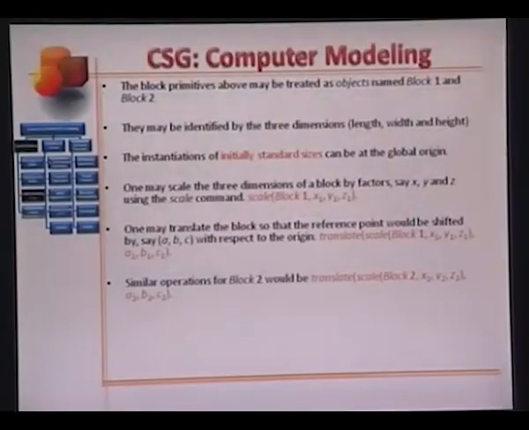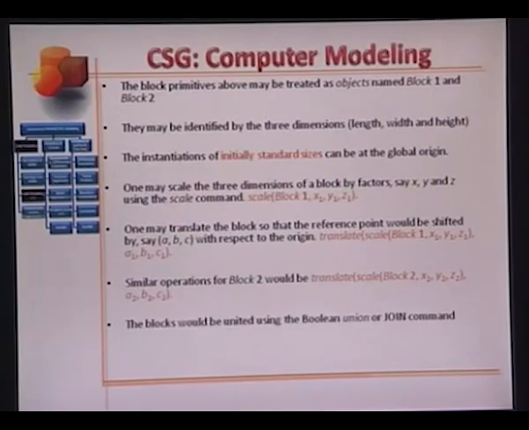Similar operations for block 2 will be to translate, within parentheses, scale block 2 by factors x2, y2 and z2, and translate by coordinates a2, b2 and c2. The two blocks would be united using the Boolean union or join command.